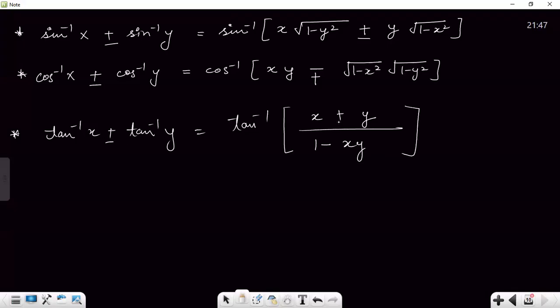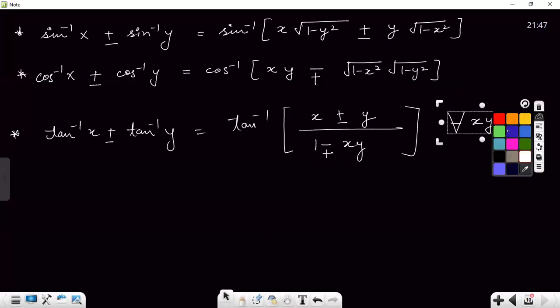For minus, it is x minus y divided by 1 plus xy. Here, this will be defined for all x and y where the product xy is less than 1. This is the condition for this formula to be applicable.